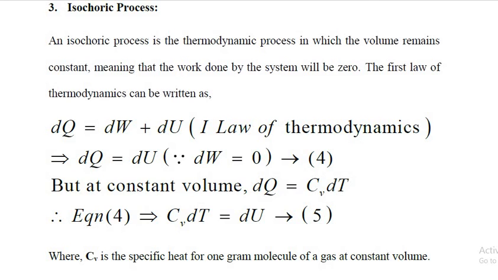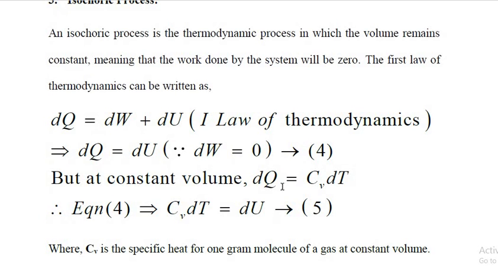Therefore, from the first law of thermodynamics, we have dq is equal to dw plus du. Since the work done is zero, dw is equal to 0. Therefore, we get dq is equal to du.